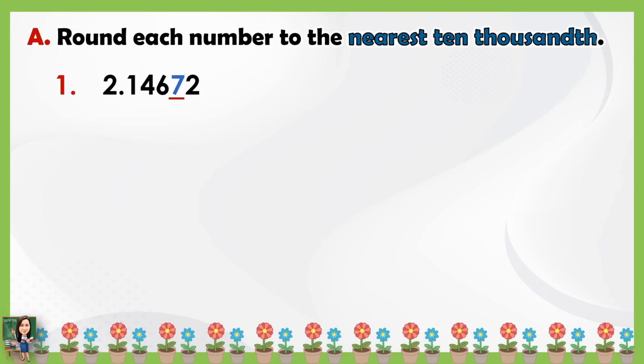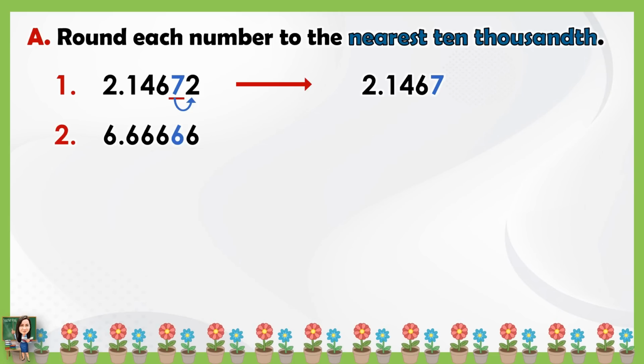Then the digit to the right of the rounding place is 2. 2 is less than 5. So that means we don't need to change the digit in the rounding place. Then drop the digit to the right which is 2. The answer is 2 and 1,467 10,000ths.